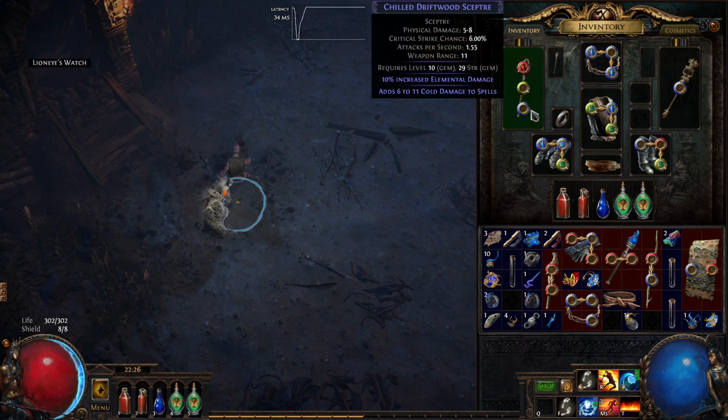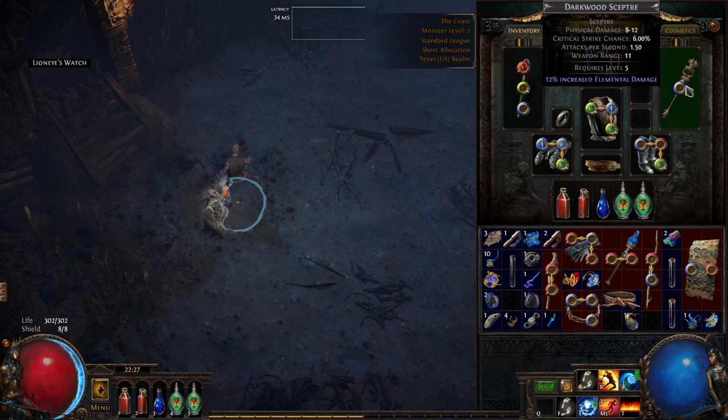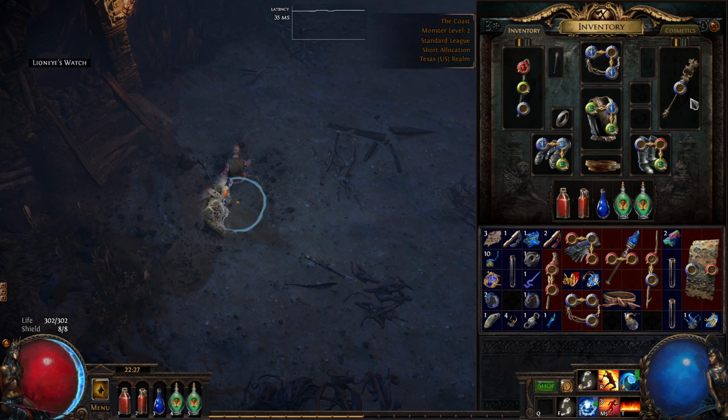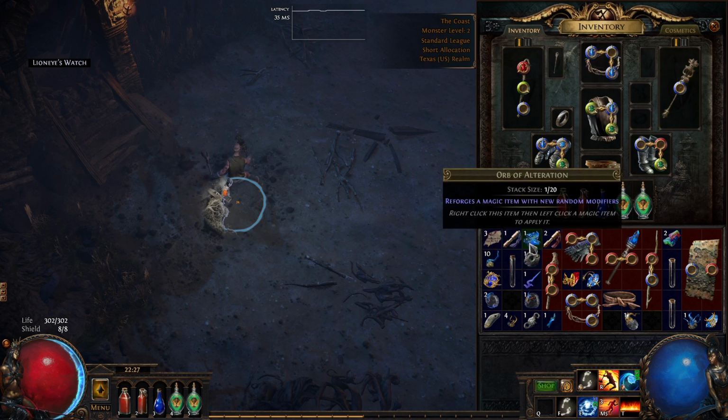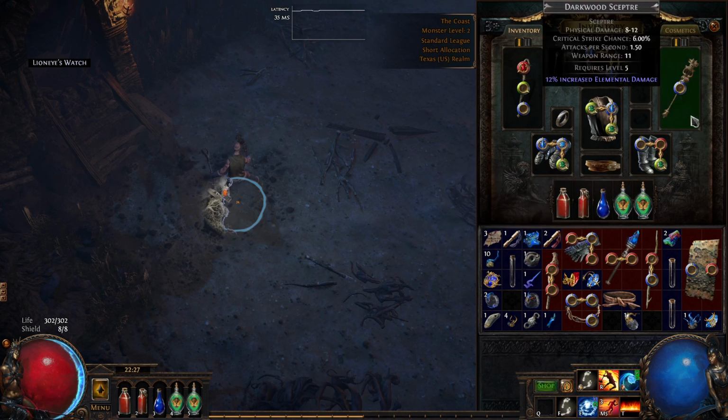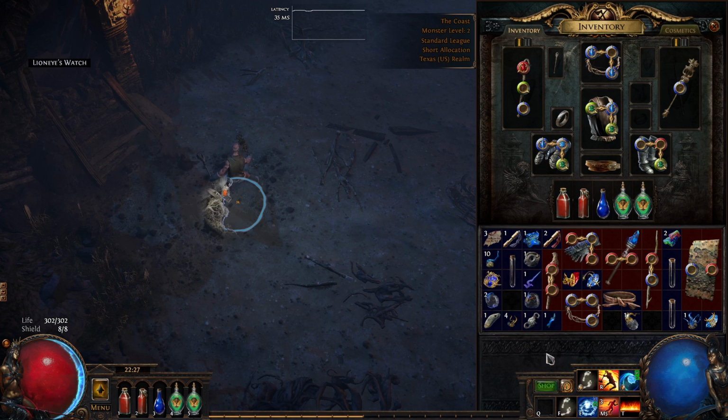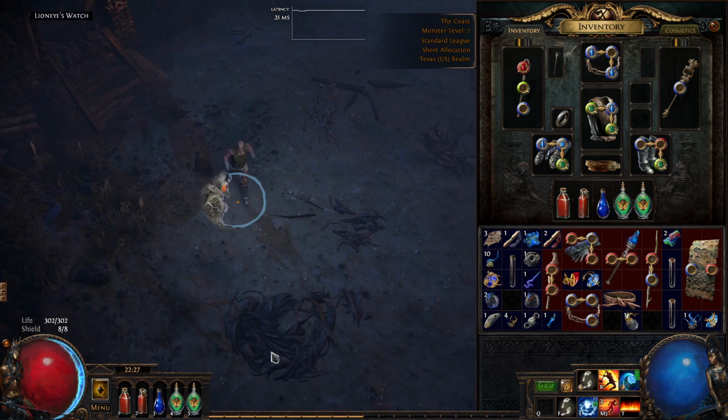Pretend I don't have a flat damage to spells craft already on this scepter, but it's just some magic scepter, and I have a non-magic scepter over here. To do crafts, I need 2 alterations, 2 resistance rings, and 2 magic scepters. I have 1 magic scepter, 1 alt, and 1 normal scepter. I don't have any resistance rings in my inventory so far.